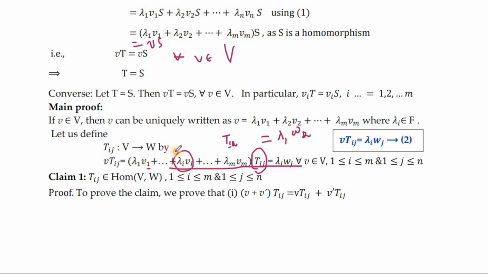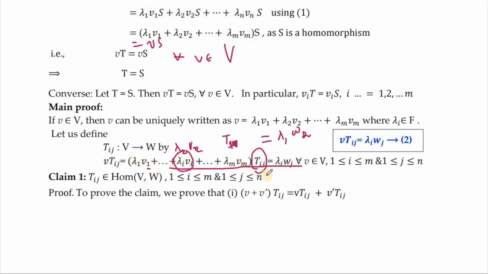How about the next one? See, the next one is lambda 2 V2. As for the first one, T11, we had, no? So this 2, this one and this one are not the same. The first suffix and the suffix of V, if they are not the same, then this will not consider that element at all.